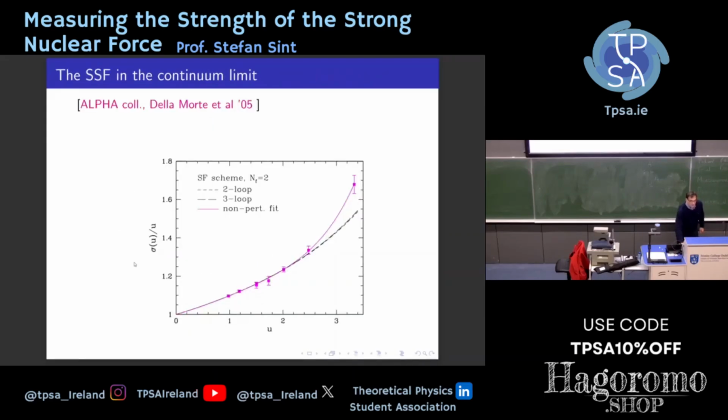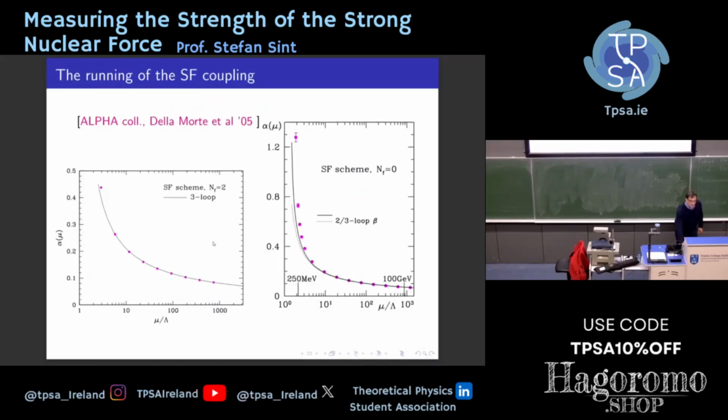And then you get this function, sigma of u over u, the data that you produce, and then you use that to actually look at the running of the coupling itself. So the step scaling function gives you, if you start at this smallest coupling, from this point to this point is one step in factor 2. So factor 2 down in energy or larger in box size.